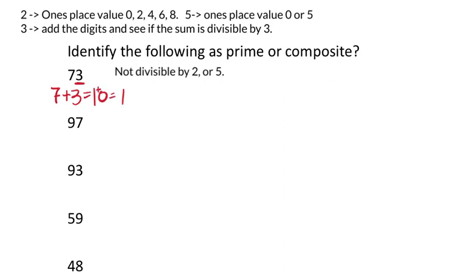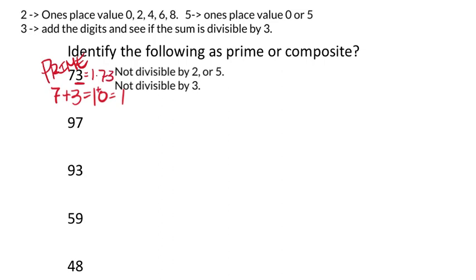Again, 1 is not one of the first 3 multiples of 3. So in addition to this not being divisible by 2 or 5, it is also not divisible by 3. And that's pretty much all we got to check in order to know that this specific number here, 73, is prime. So that means you could split it up into factors, but that factor pair would just be 1 times 73.